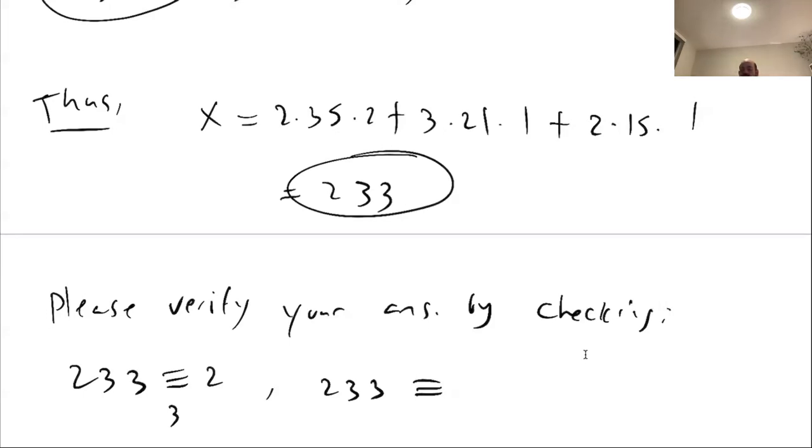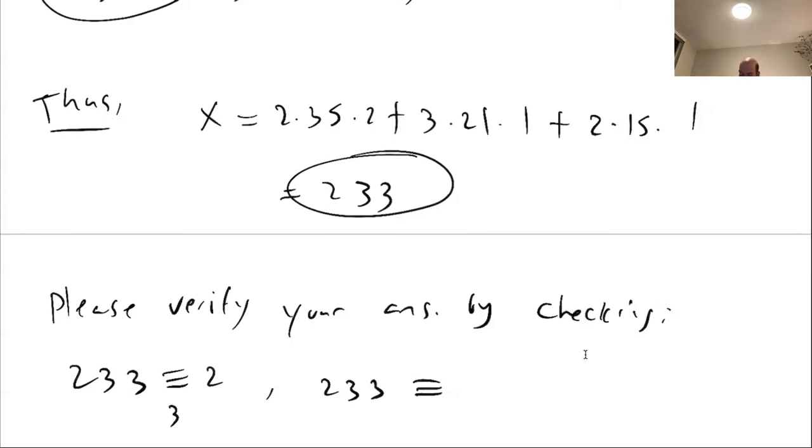Remember, the solution is unique mod m. Means any two solutions are congruent mod m. In other words, every solution can be written as one of the solutions, in this case 233, plus mk.